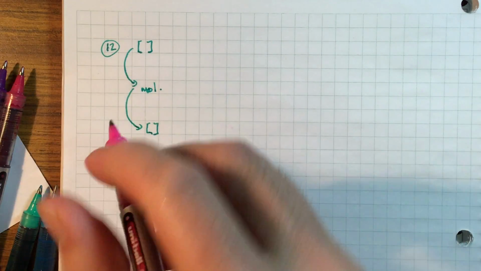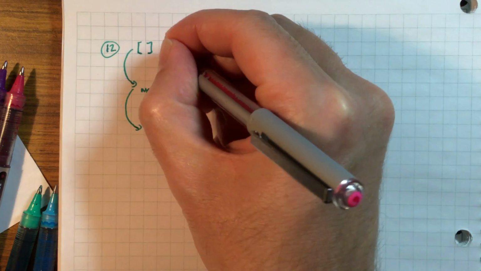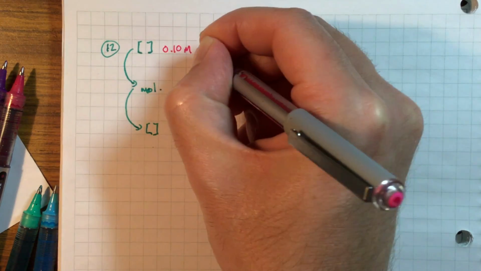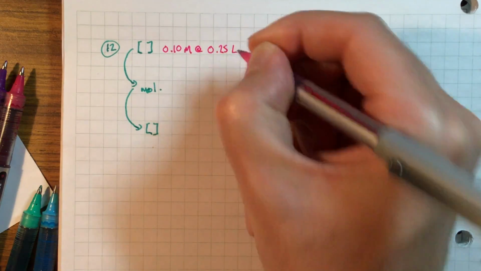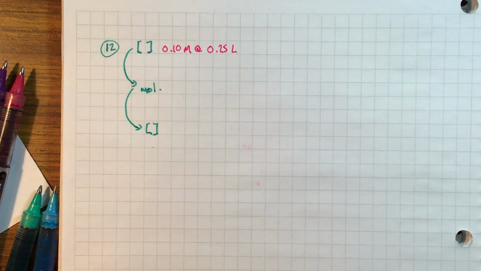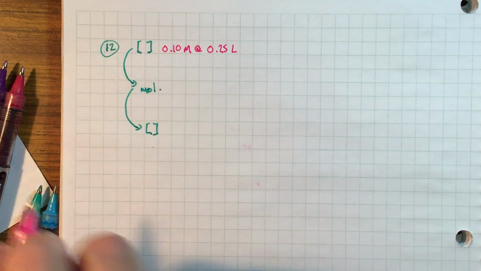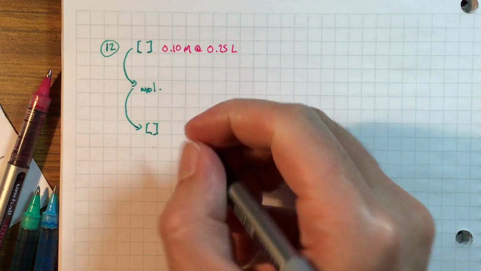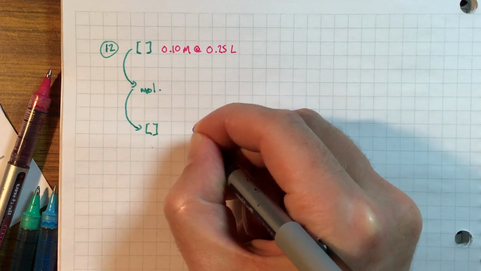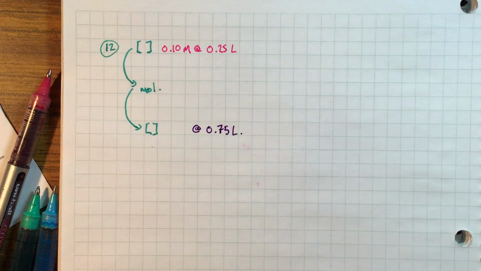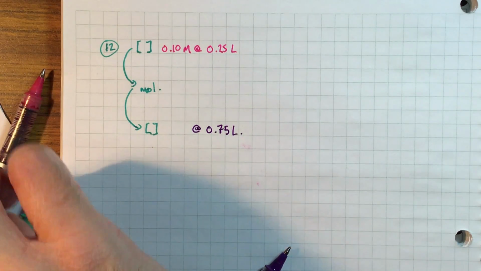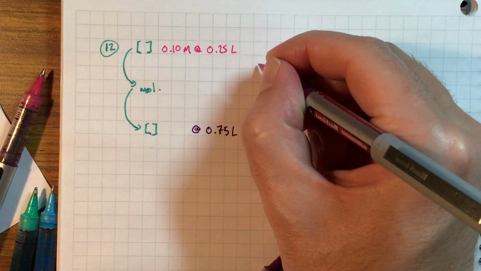Our first concentration is 0.10 M at 0.25 liters. Now 2 sig figs in all of this, so our final answer should have 2 sig figs. In the end, we're going to have some concentration in a total of 0.75 liters. That's our total amount.